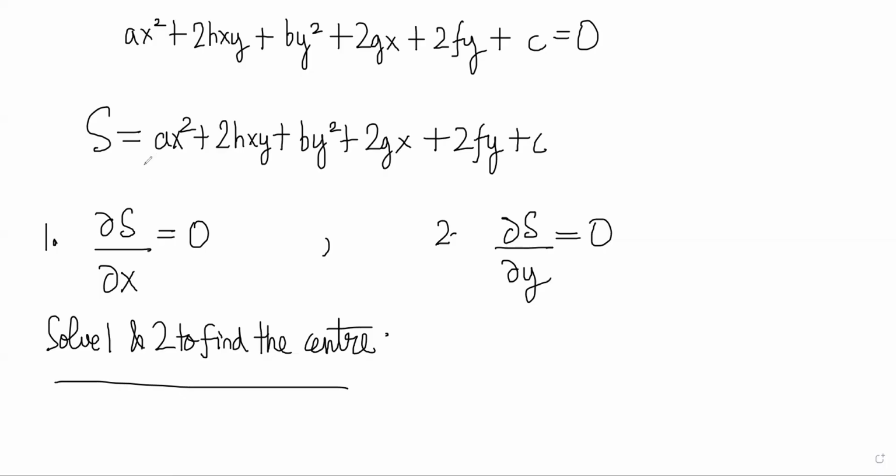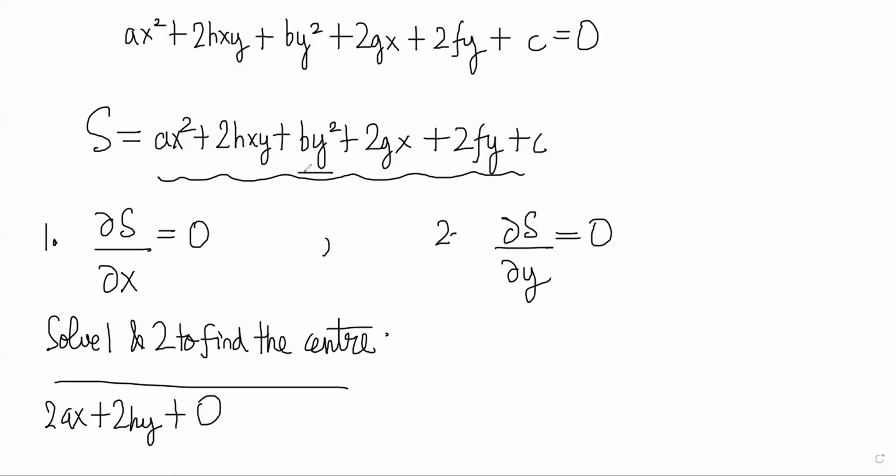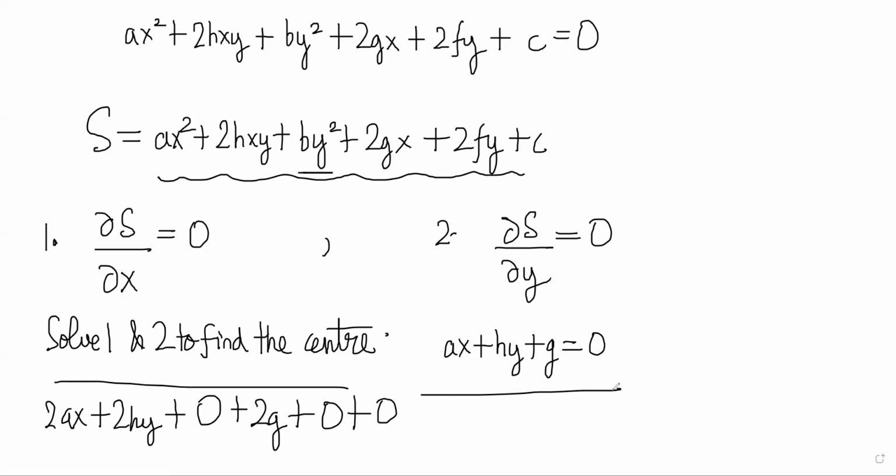So the partial derivative here will become 2ax plus 2hy plus 0, because by square is a constant, plus 2g plus 0 plus 0, right? So our equation is becoming ax plus hy plus g is equal to 0. That's the first equation.